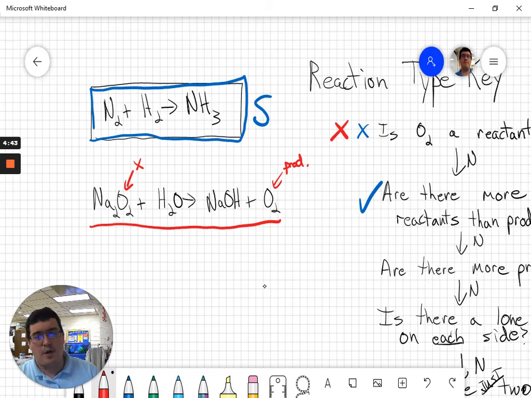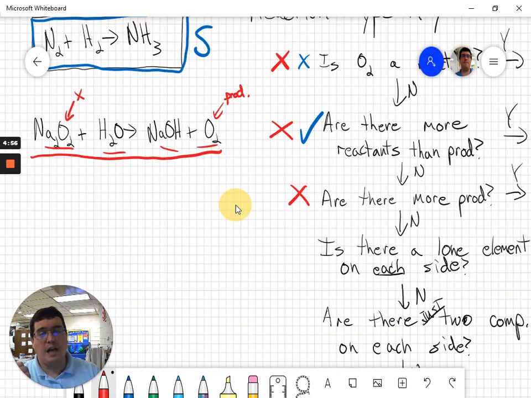Are there more reactants than products? Well, no, we have 1, 2 reactants and 1, 2 products. So no. Are there more products than reactants? No, we just said they're 2 and 2. Is there a lone element on each side? Well, I've got a lone element here, but there's not a lone element over on the left-hand side. So no. And are there just two compounds?